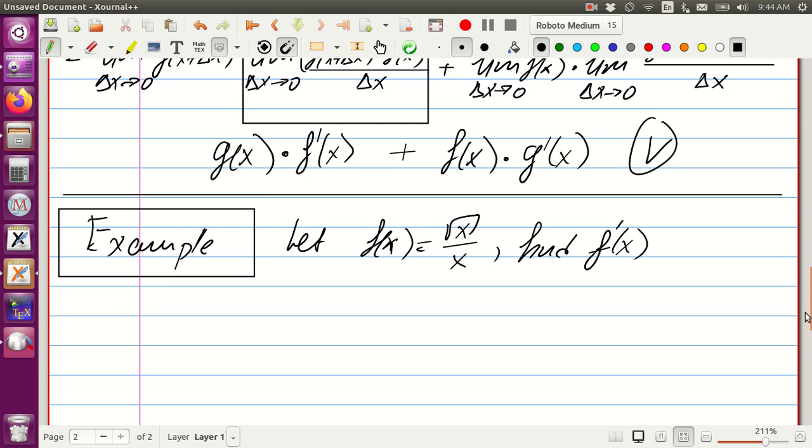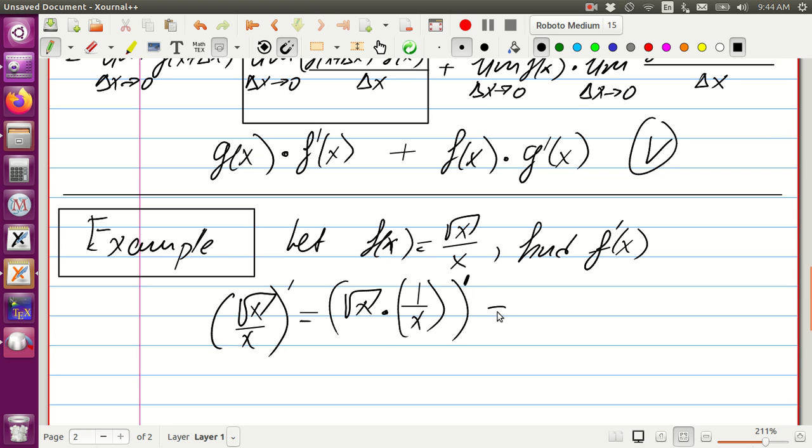We have the derivative of square root of x over x, but we can write it as square root of x times 1 over x, the product of two functions. And we can use the product rule. So the product rule says take square root of x, take the derivative, multiply by 1 over x, plus square root of x times the derivative of 1 over x. So we use the product rule.